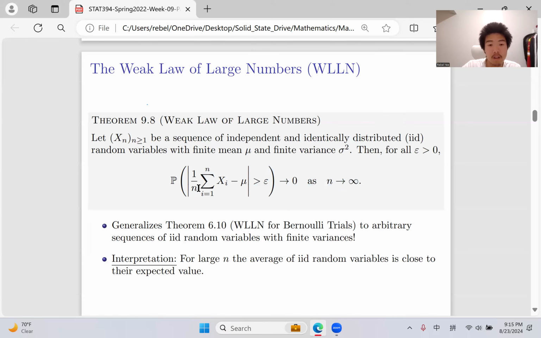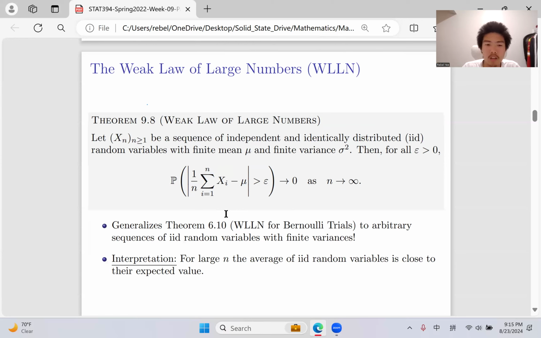Which means that as n becomes very, very large, the mean of each random variable and this term would just be the same. Their difference is 0.